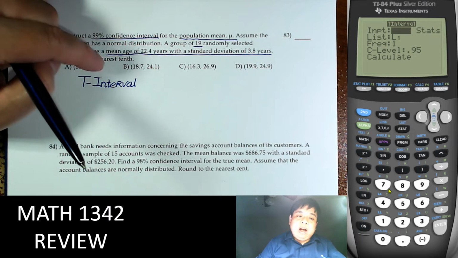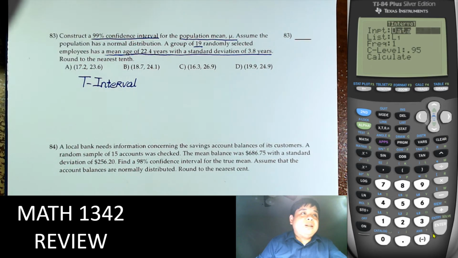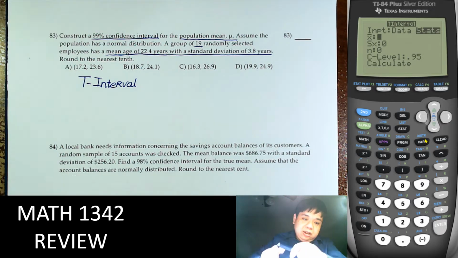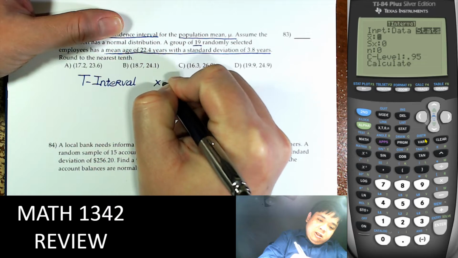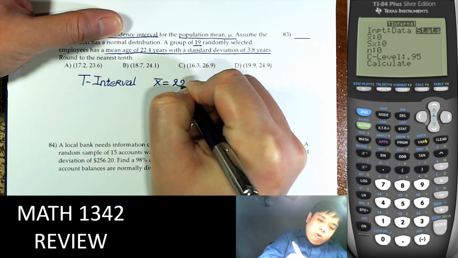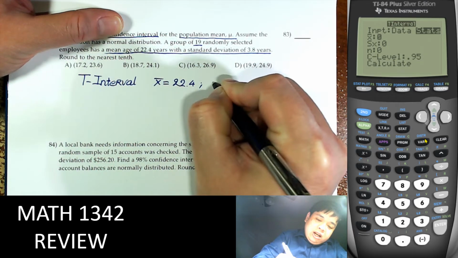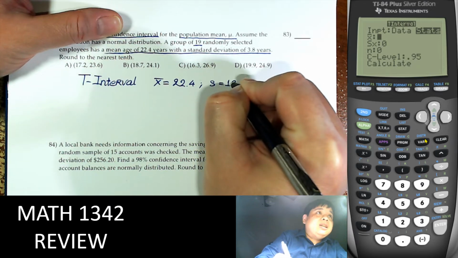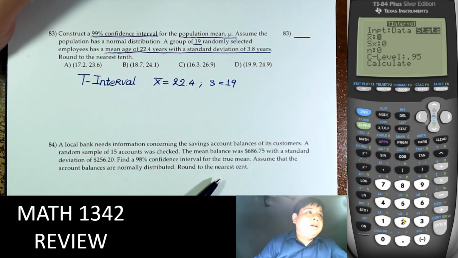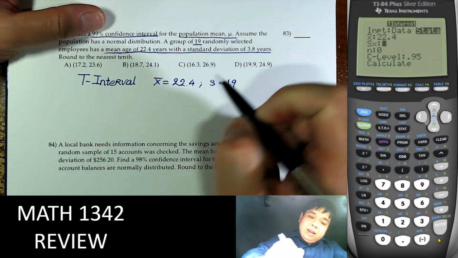And this time we are given the sample statistics. The mean is 22.4, standard deviation 19. I'm sorry, 3.8.